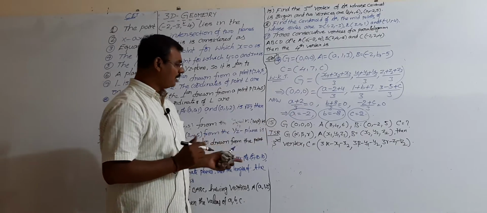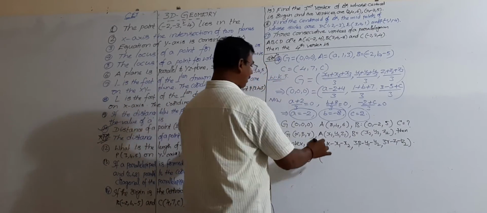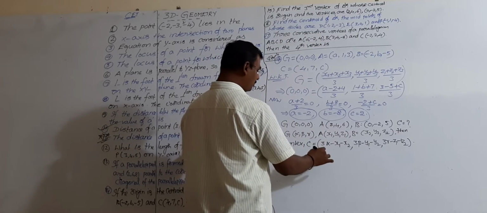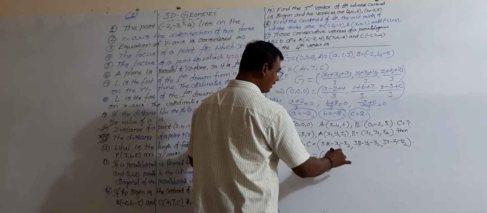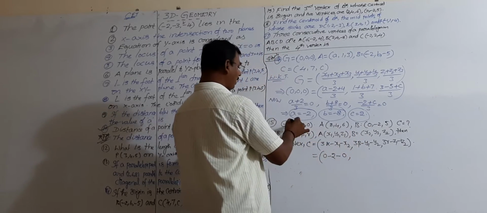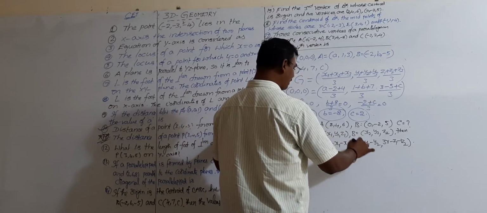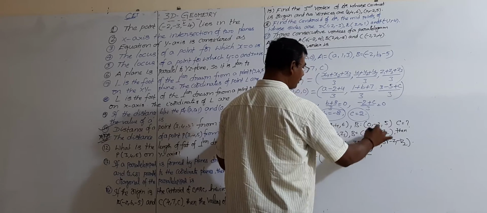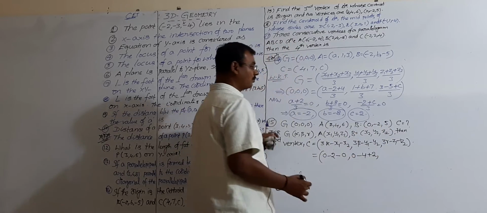So, here given already, substitute that, we get the answer: 3 into 0, 0 minus 2 minus 0. Next, 3 into beta value is 0, 0 minus y1 is 4, minus y2 is minus 2, minus of minus is plus 2.